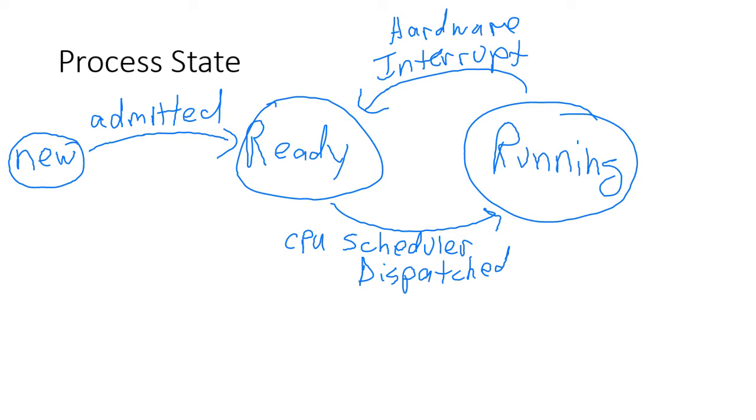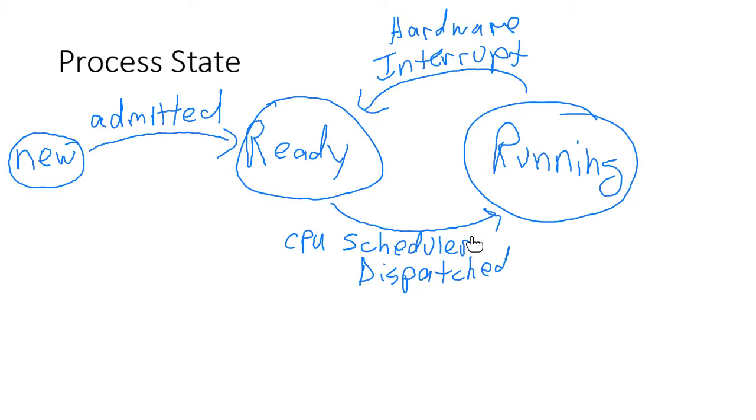Typically, most CPU scheduling algorithms would be designed so that if a hardware interrupt interrupted a running process, that process changes to the ready state, its state value changes to ready, but it will then be dispatched right away.